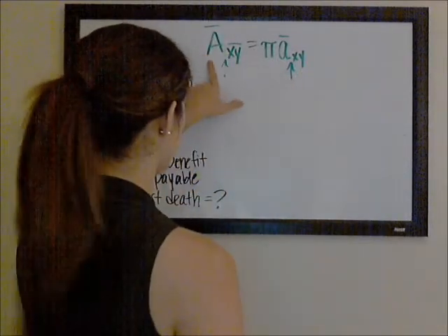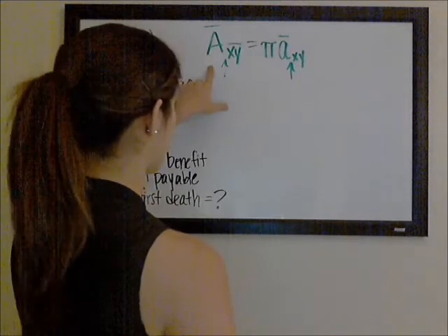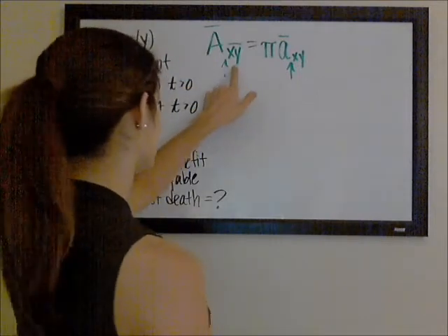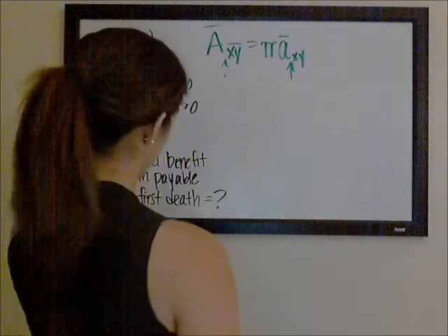Okay, so we have this annuity. Now we want to find the actuarial present value of the insurance on the last survivor status.